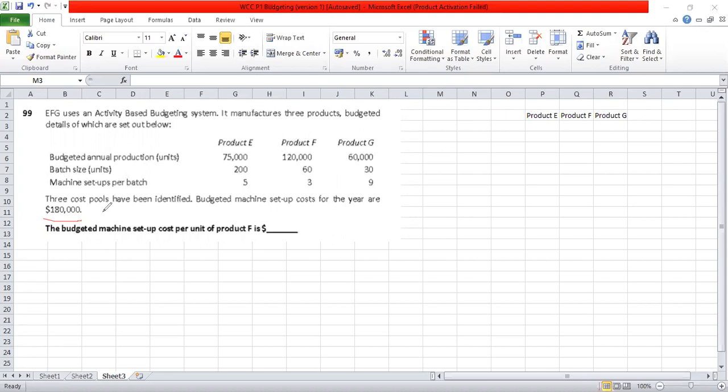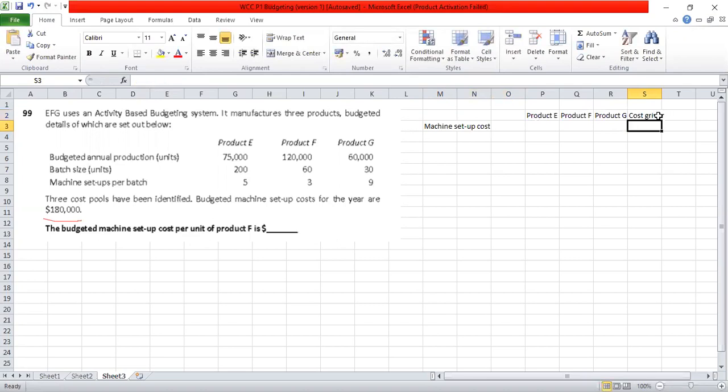Now here, if we have to allocate this 180,000, we need to choose the cost driver. The total amount is 180,000, but we need to know what is the cost driver. So what do you think is a suitable cost driver?